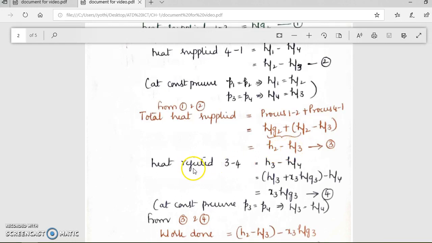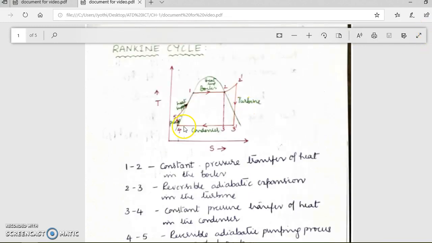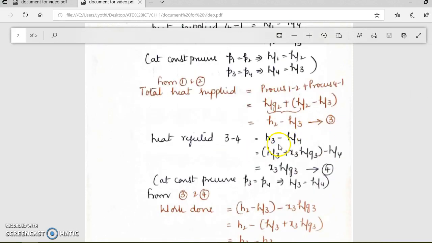Now we move to the heat rejected between 3 to 4, which is between condenser entry and condenser exit. At point 3 the fluid is in the vapor state, and at point 4 the fluid is in the liquid state. So the heat rejected between 3 to 4 we can represent as H3 minus HF4. With similar simplification as discussed earlier, H3 is HF3 plus X3 into HFG3, and the fluid enthalpy is HF4.